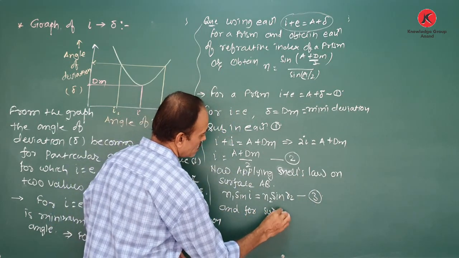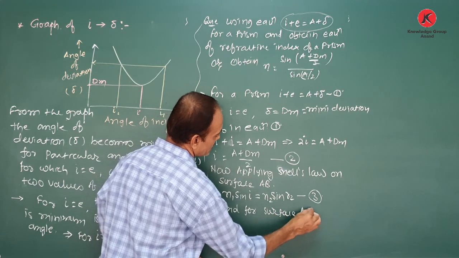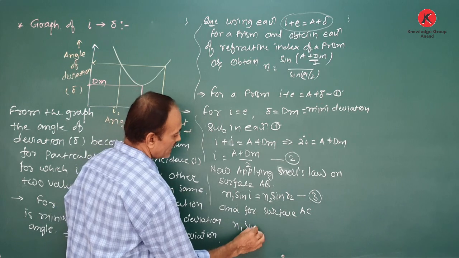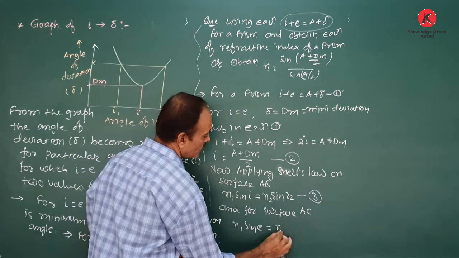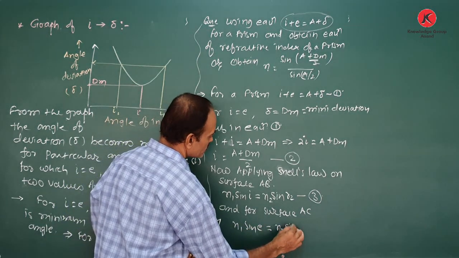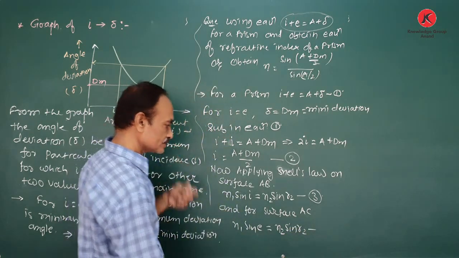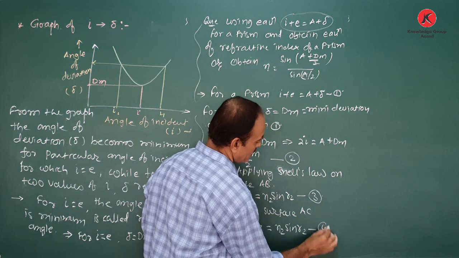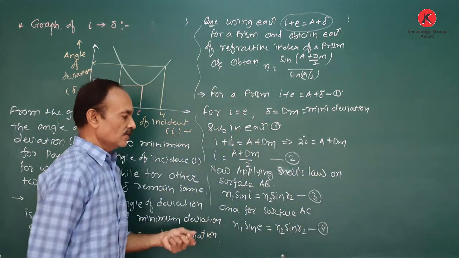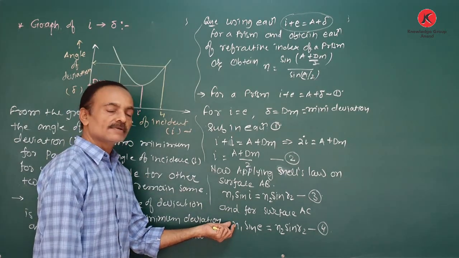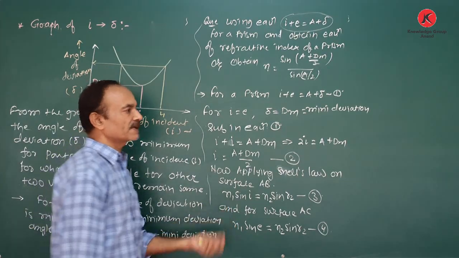For surface AC, here N1 sin E is equal to N2 sin R2. That is equation number 4. So, for these two surfaces, we already have the information about the figure.